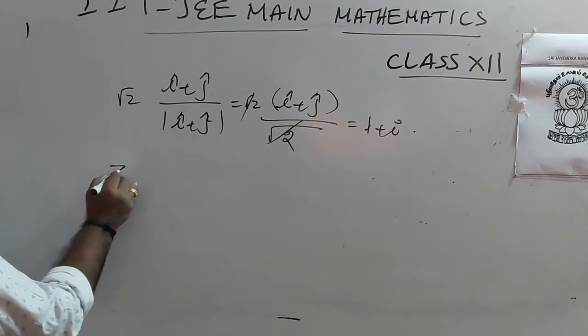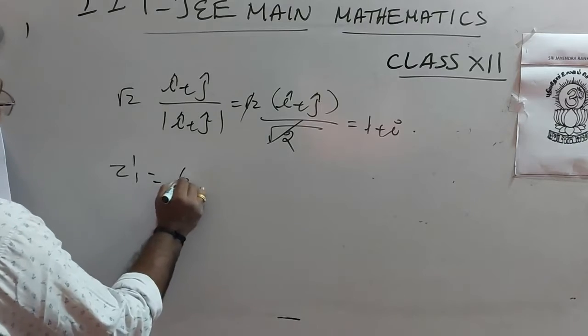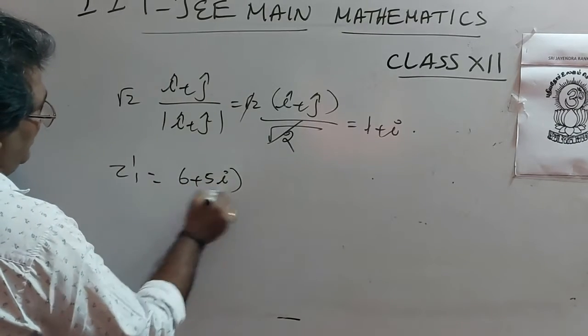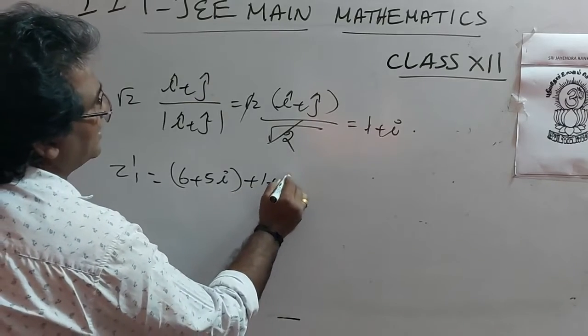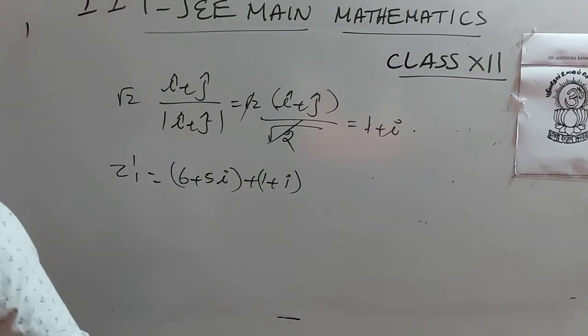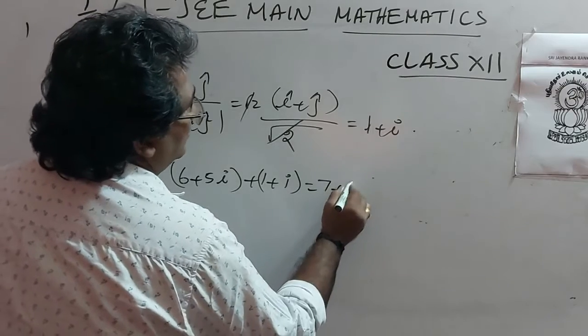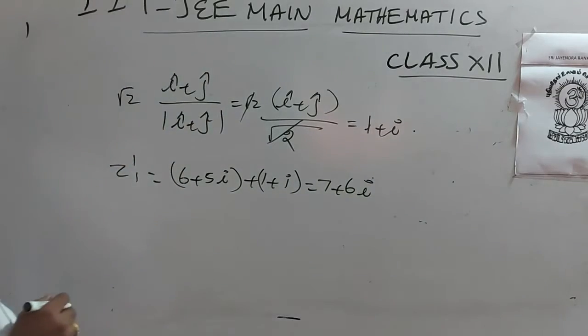Therefore, Z1 dash equal to 6 plus 5i, Z1 position, plus this position 1 plus i. Seven plus 6i.